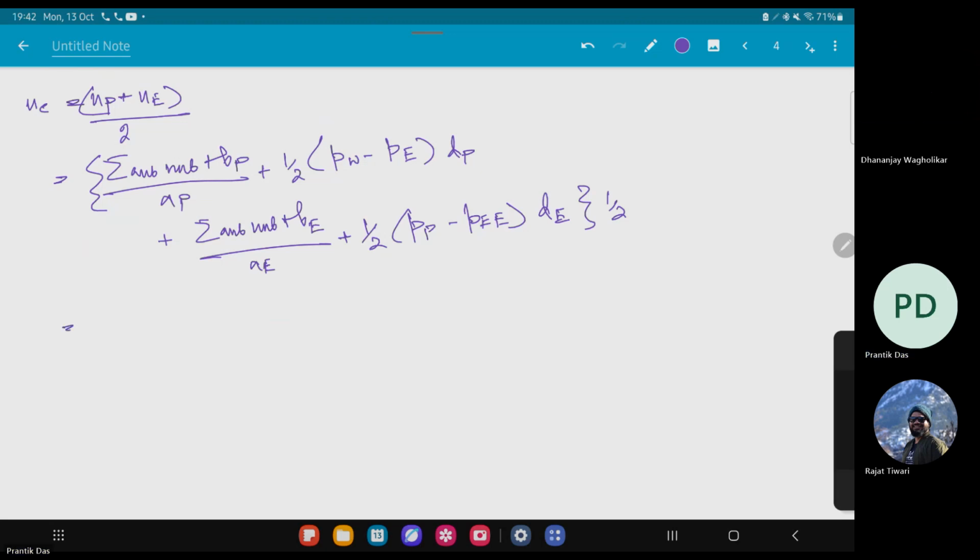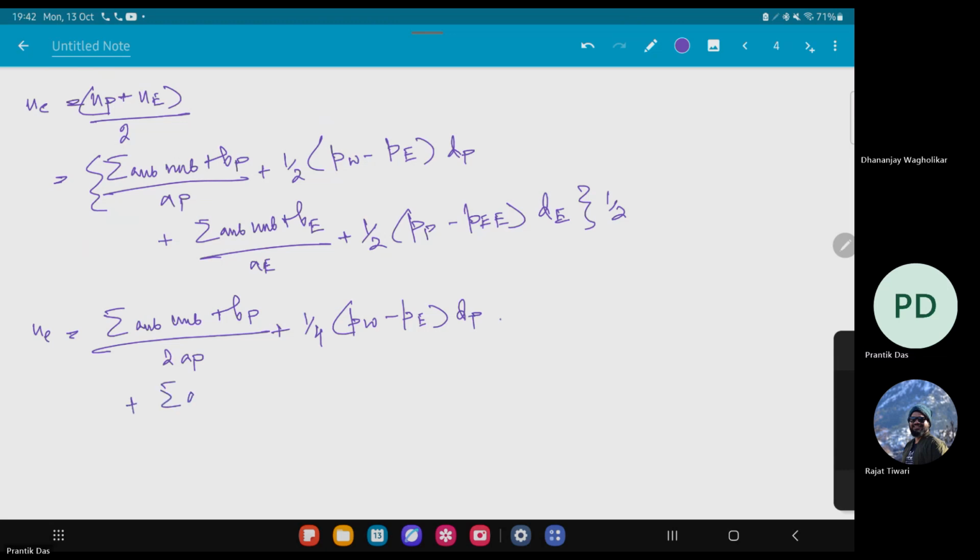Therefore, I get small e equals the final expression, that is ANB UNB plus BP divided by 2AP plus one fourth of PW minus PE multiplied by DP.